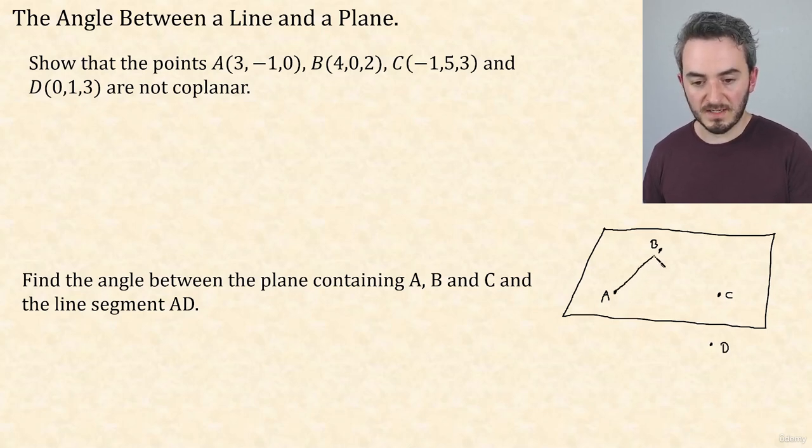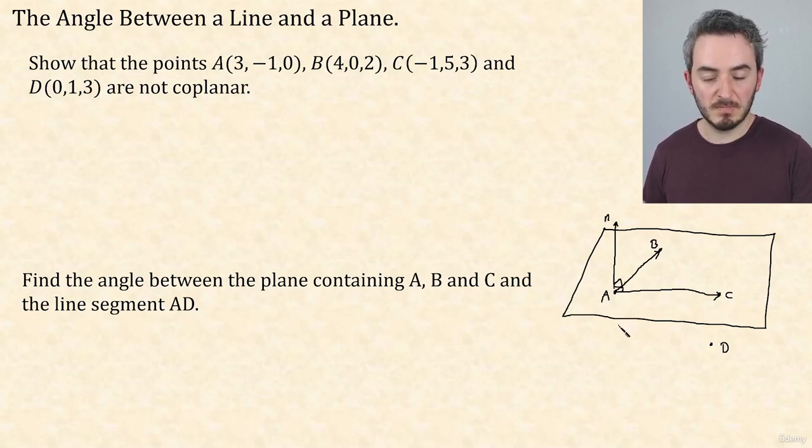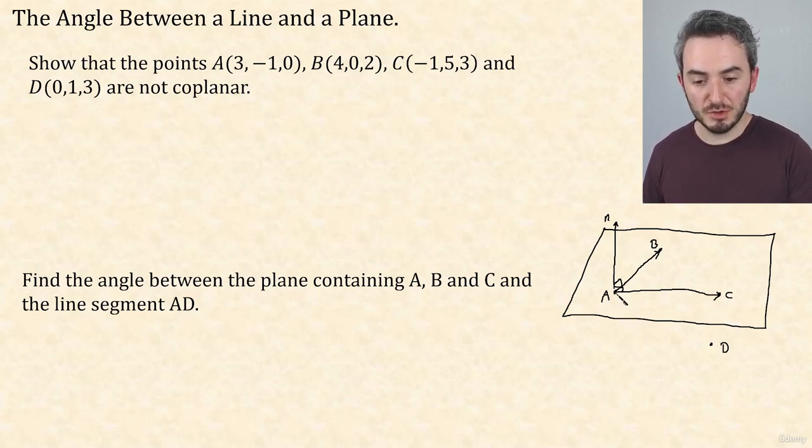If we take the vector AB and the vector AC, we're going to be able to find a normal vector, let's call it N, which is perpendicular to AB and perpendicular to AC. What we're then going to show is that that normal vector is not perpendicular to AD.